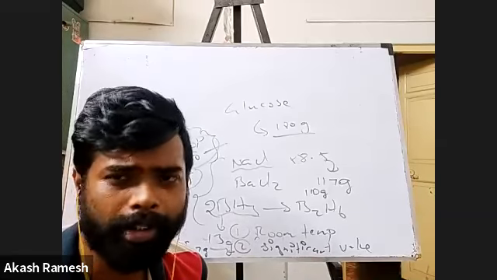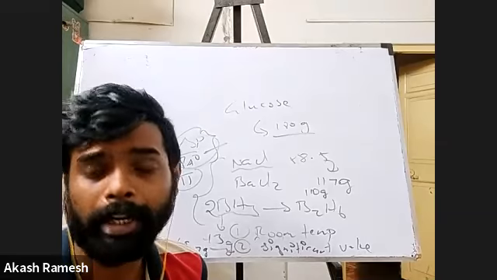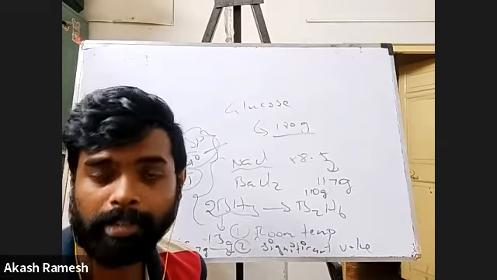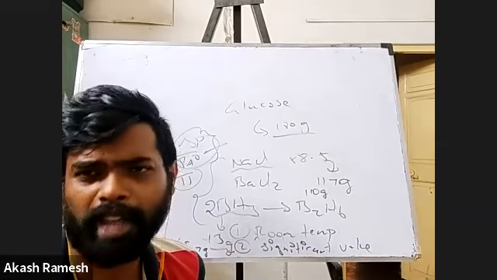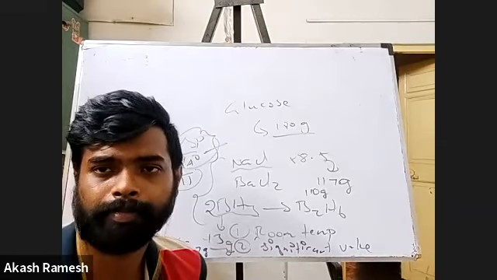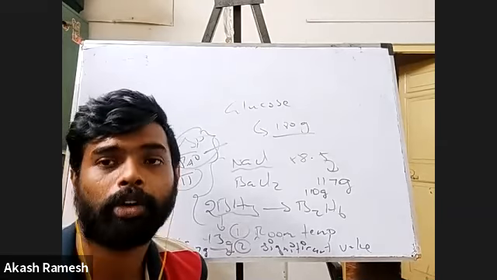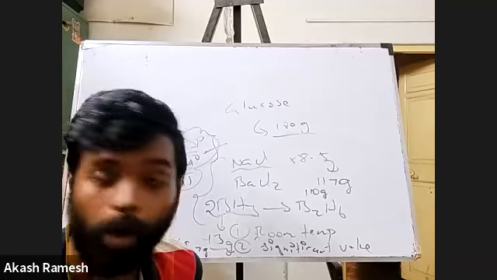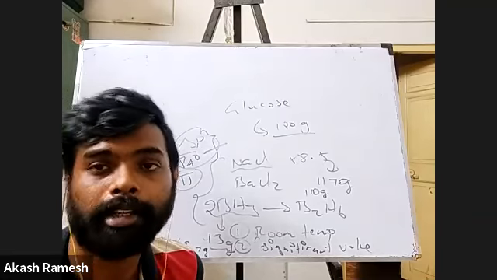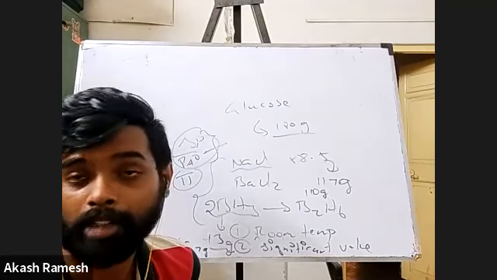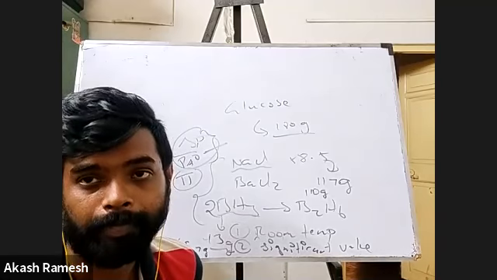We know the definition of colligative properties: they are the properties which do not care what is there, they just care how much is there. They don't know what is there, they are just dependent on the amount of substance rather than the type of substance. That is how we define the colligative property, isn't it?